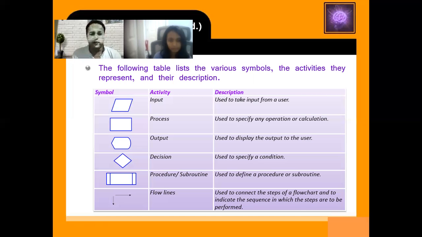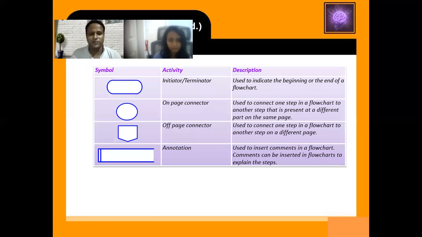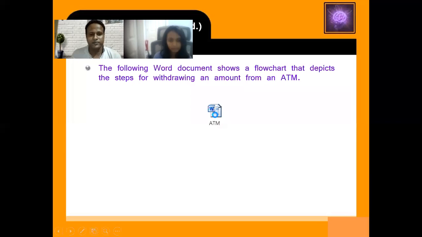So it is directing you, you go that way and you reach that particular place. In a similar way, this arrow mark is connecting all the symbols. Understood? Not really. I'll show you what it is. Don't worry.